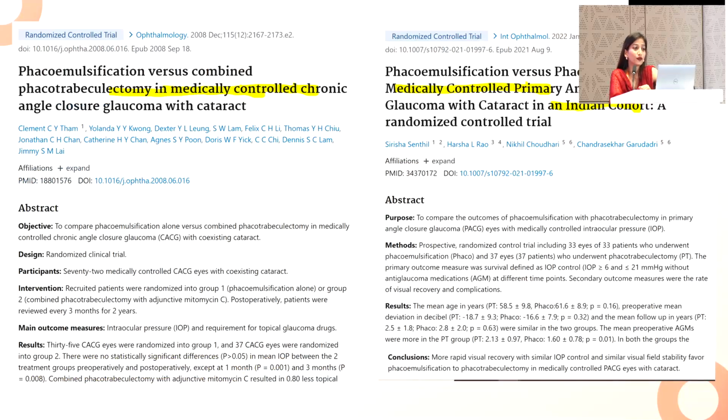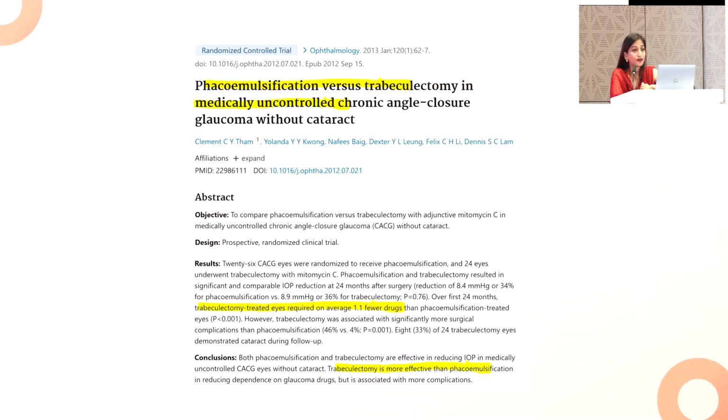The studies focused on combined phacotrabeculectomy are mostly associated with medically controlled angle closures. So if a patient is controlled on medications, we can still tailor our approach more or less around phacoemulsification. But when we talk about uncontrolled glaucomas, trabeculectomy has to be done.